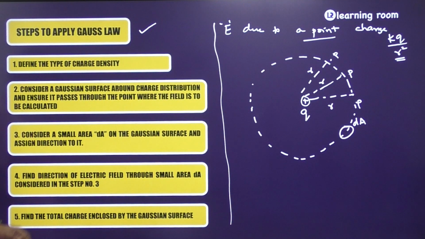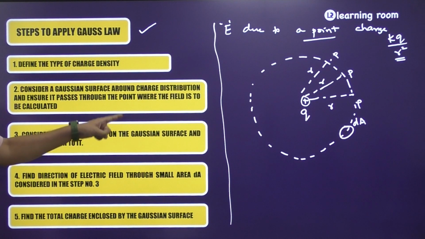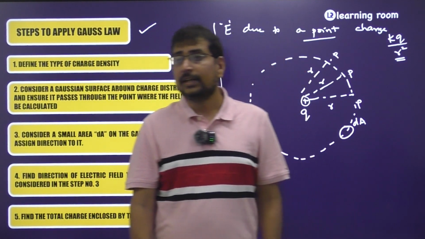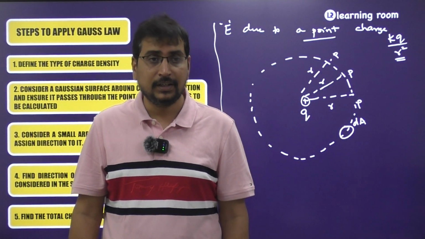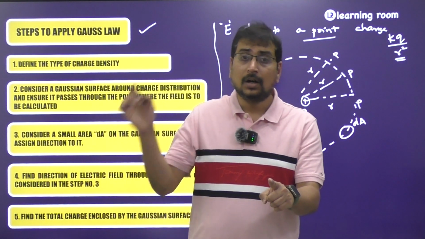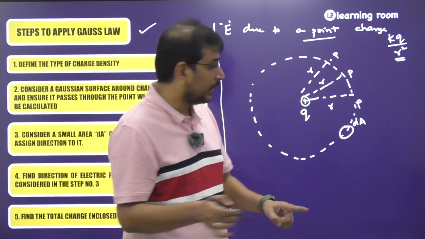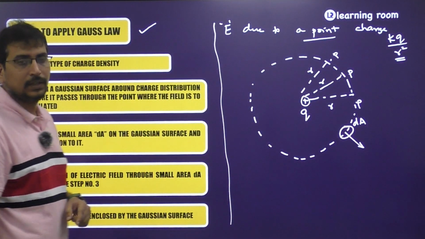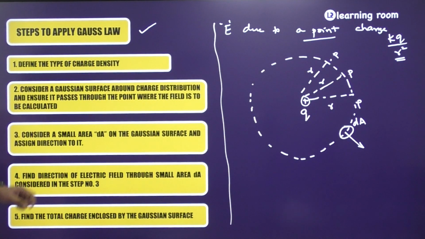And assign direction to it. With respect to the area vector, what is the direction? Yesterday I told you, it is always radially outward. Meaning I should take it like this. So that is the direction of the area vector. So first step, second step, third step is over.